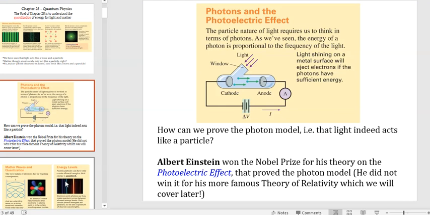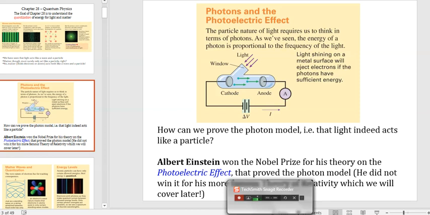So just to also overview, we're going to be taking a look at something called the photoelectric effect, and I will be doing some demonstrations of this to give you an idea how this works. This is the effect that Albert Einstein won the Nobel Prize for.